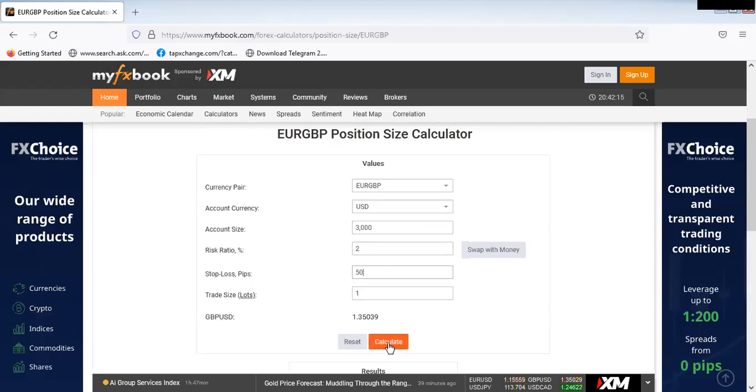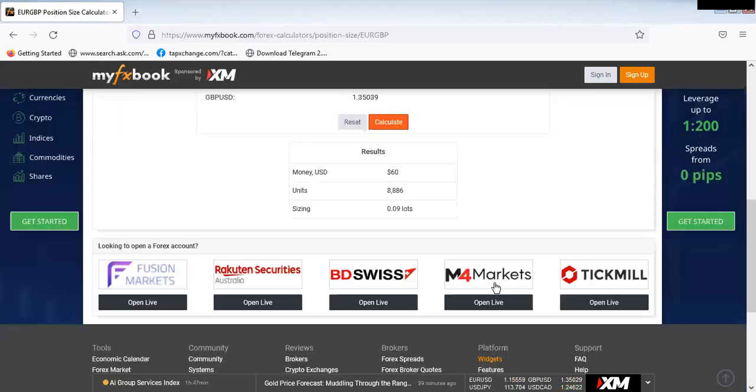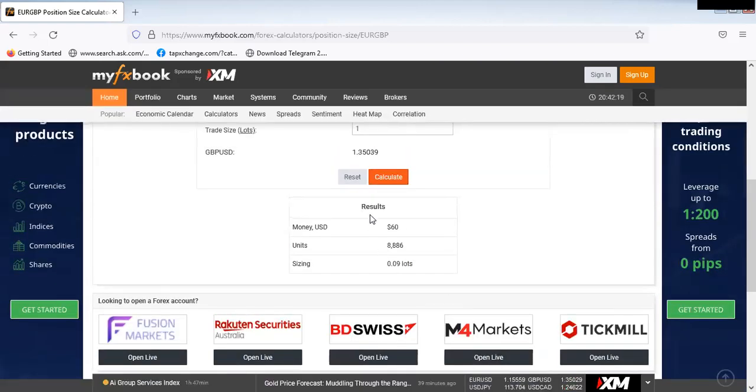Then once he clicks on calculate, at the base, you will see what this tool shows this man. Mr. Felix, 2% of $3,000 is $60. Do you know what that means, class? It means that Mr. Felix either gains $60 in the forex market or he loses $60.